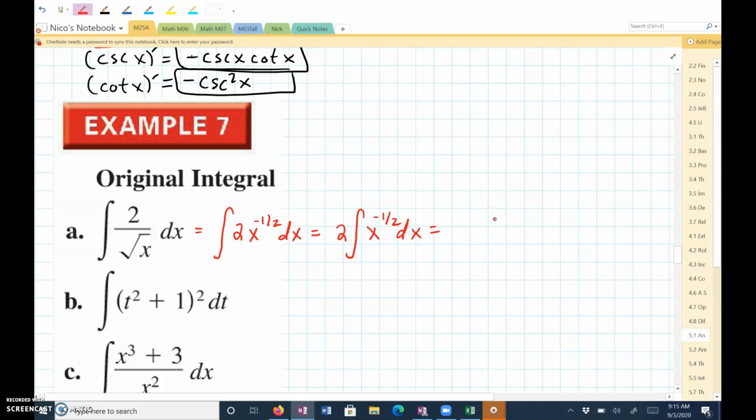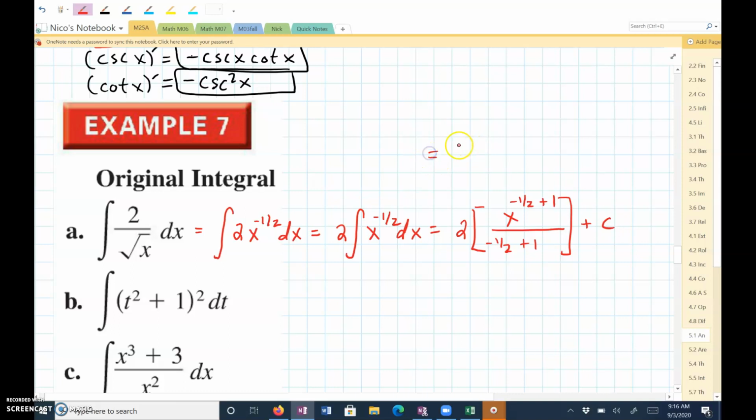Here I'm going to use the power rule to find the antiderivative. So it's going to be 2 times x to the negative 1/2 plus 1 all over negative 1/2 plus 1 plus c.